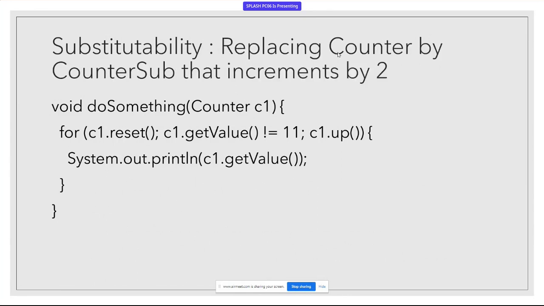And then we say, what if we replace counter with something else, counter sub, which increments by 2? Obviously, students can see that this loop is not going to work well, because it will never touch the value 11, and so we have an infinite loop here. So when we replace the reference c1 with a different type of counter, we have an issue.